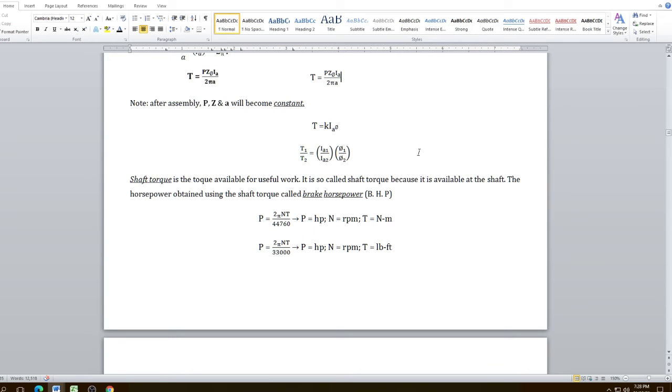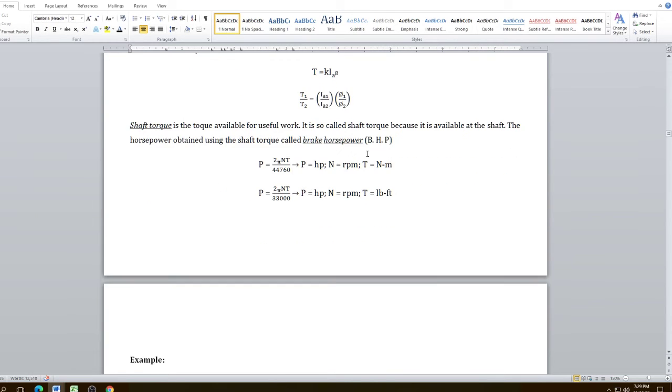When the same DC motor is tested in different parameters, like for example different current rating and different flux per pole, this will become the formula: torque 1 for the first parameter, torque 2 for the second parameter, and so on.